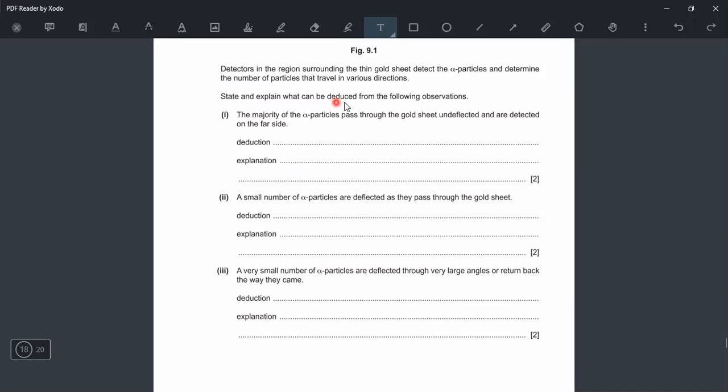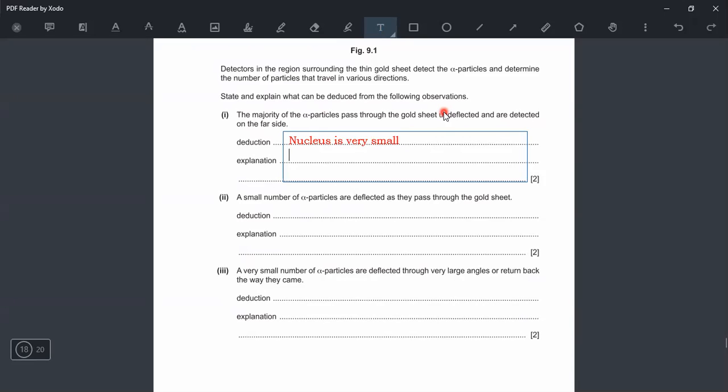State and explain what can be deduced from the following observations. The majority of the alpha particles pass through the gold sheet undeflected and are detected on the other side. So what can we deduce? We can deduce that the nucleus is extremely small in size. Why?